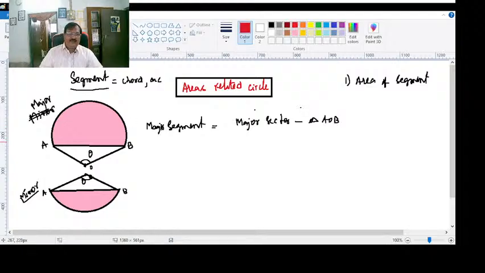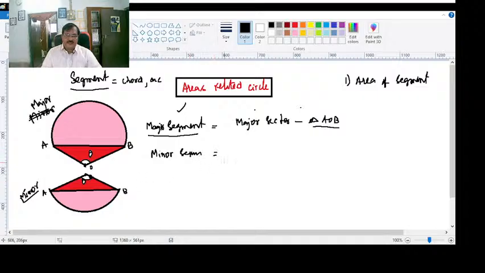Triangle AOB, I will give you red color. This is triangle AOB. For both the sectors, the triangle is the same. But for the major segment, the entire figure is a sector. That sector minus triangle AOB is equal to the major segment. Whereas what is the minor segment?